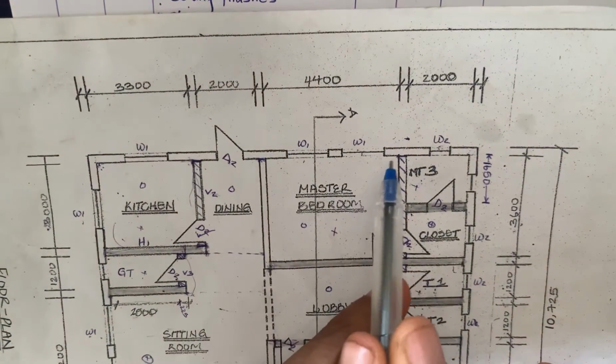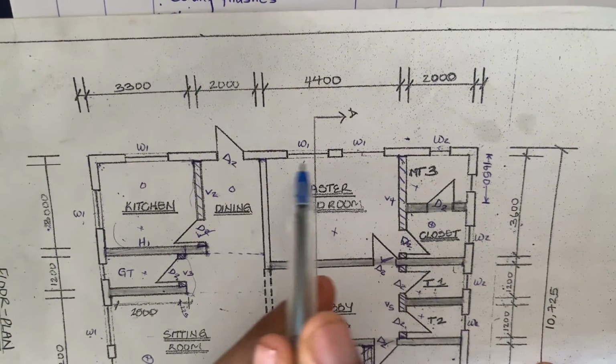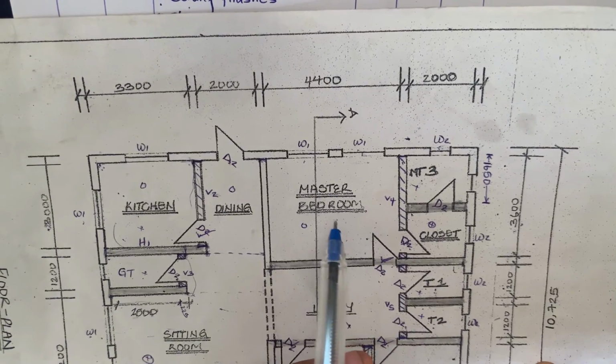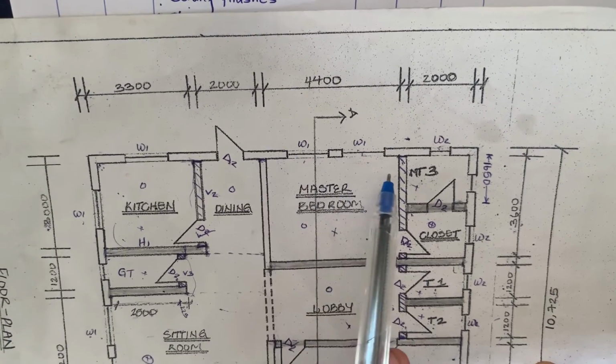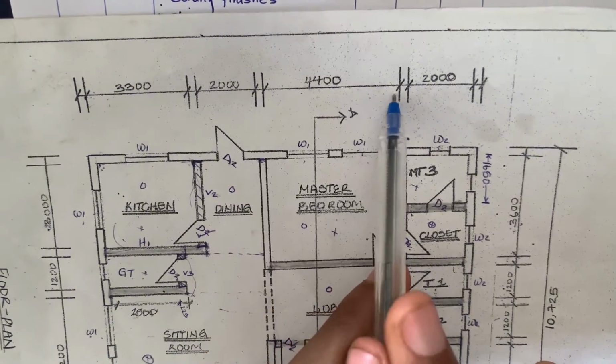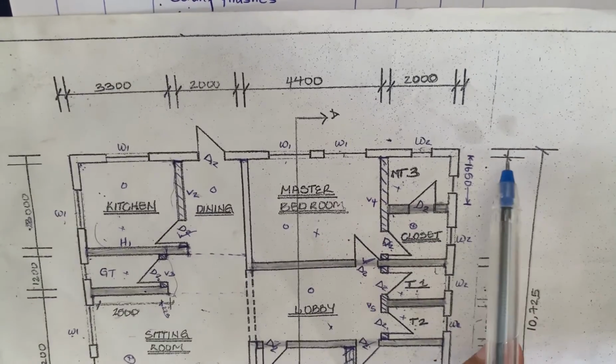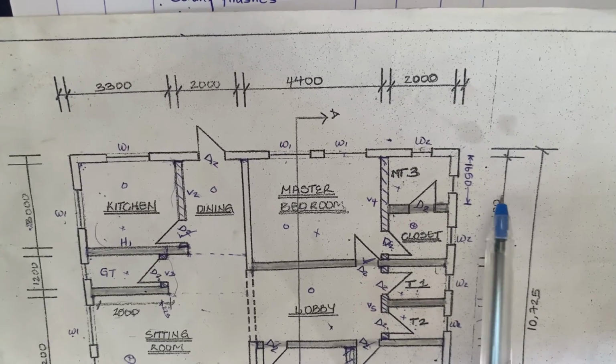The next one is the master's bedroom. So this entire area here in the master's bedroom is going to carry a ceiling finish. The length of the master's bedroom is 4,400, and the width of the master's bedroom, from here to here, is 3,600.